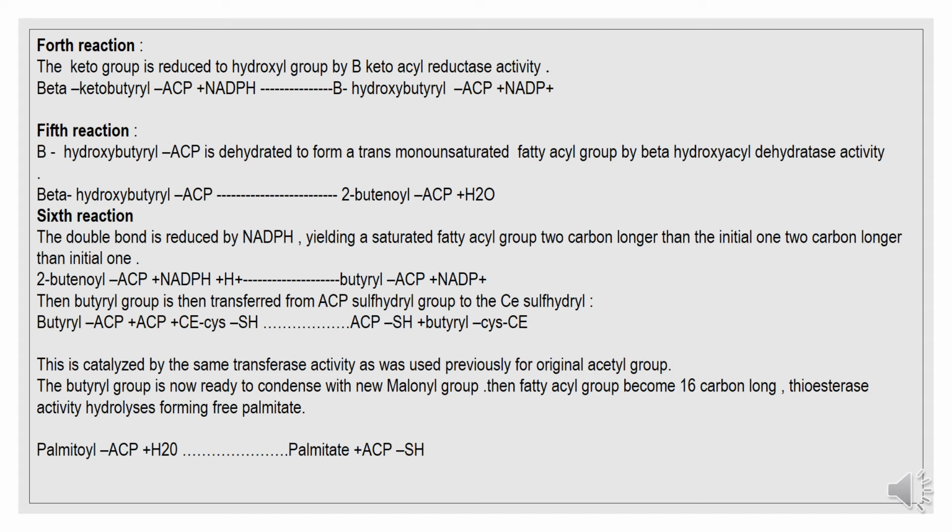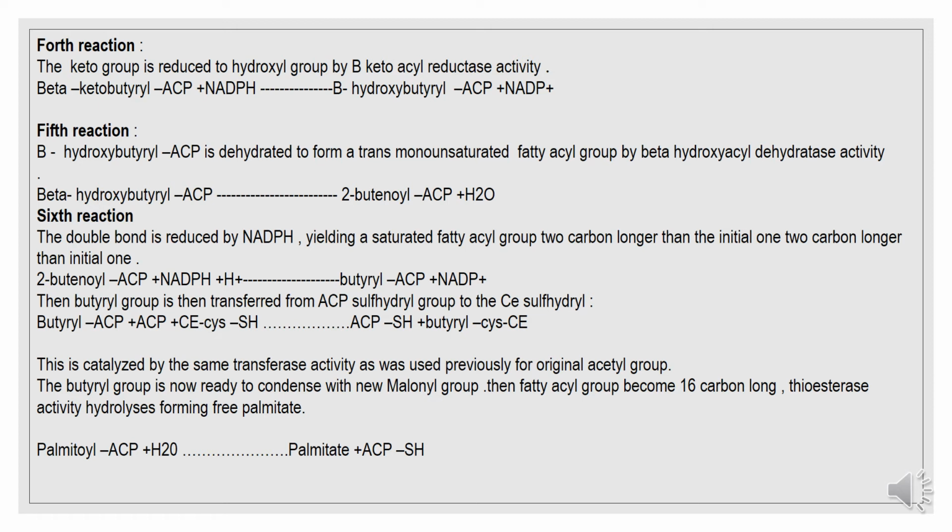Then the butyryl group is transferred from the ACP sulfhydryl group to the CE sulfhydryl: butyryl ACP plus CE-Cys-SH gives ACP-SH plus butyryl-Cys-CE. This is catalyzed by the same transferase activity as was used previously for the original acetyl group.